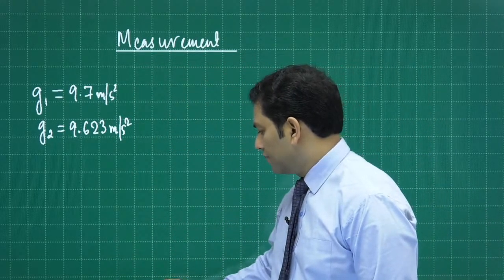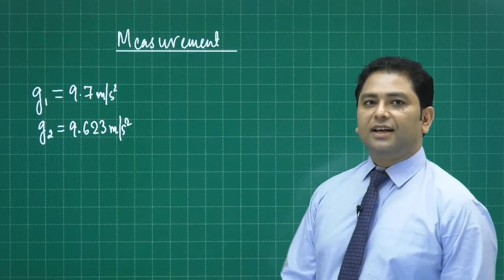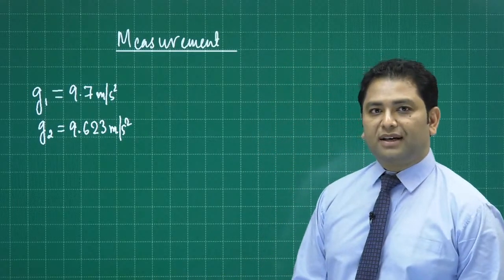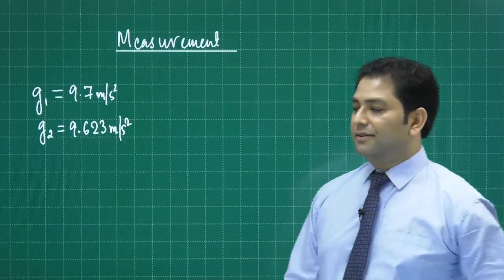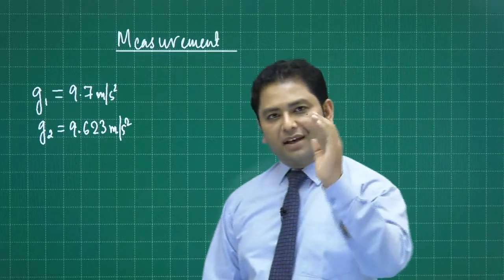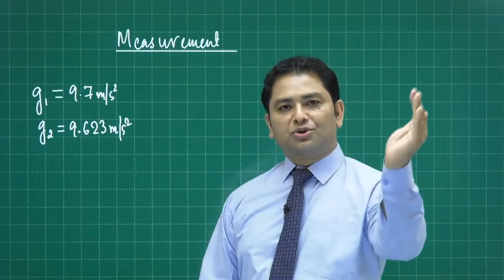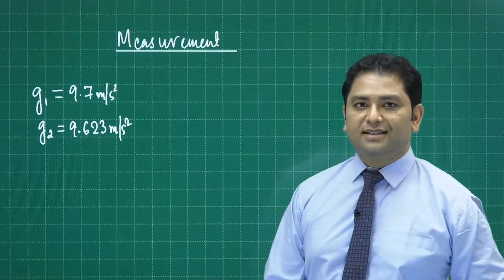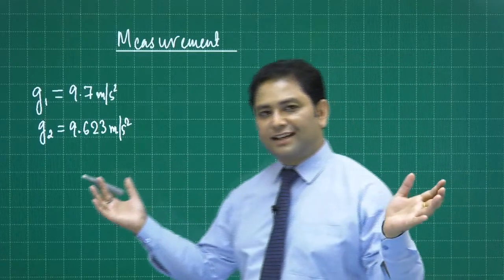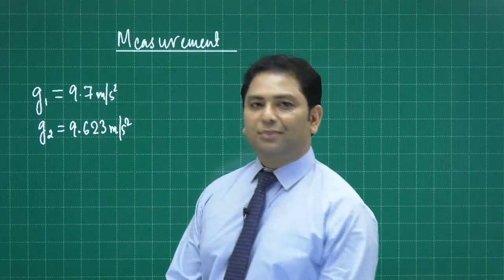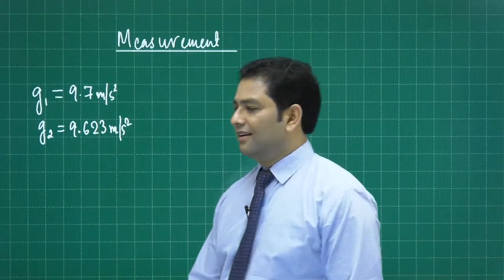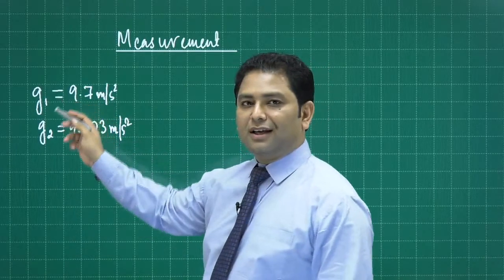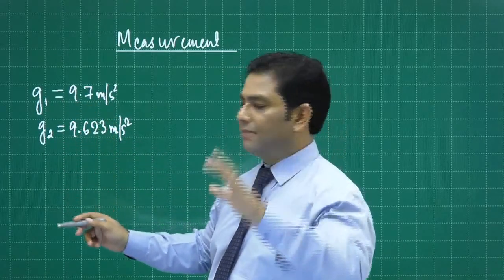Now, how are we going to understand the accuracy part and the precision part? Remember people, accuracy means how close to the original value your measured value lies. And there is no suspense, acceleration due to gravity is 9.8 meter per second square.